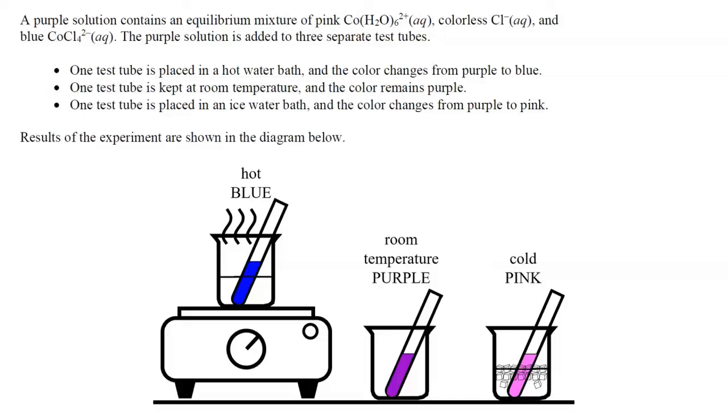The purple solution contains an equilibrium of the pink cobalt H2O ion and colorless chloride and the blue CoCl4 ion. So one test tube was placed in a hot water bath and the color changes from purple to blue. One test tube is kept at room temperature and the color remains purple. One test tube is placed in an ice water bath and the color changes from purple to pink.